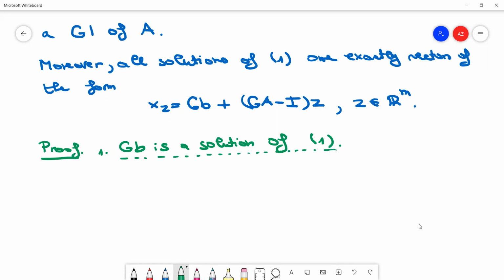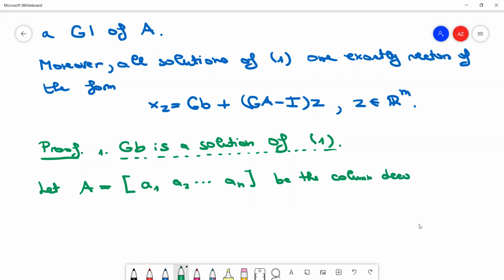So let's write A in the column decomposition. So A in the column decomposition is A_1, A_2, up to A_m. So let A_1 up to A_m be the column decomposition of A.